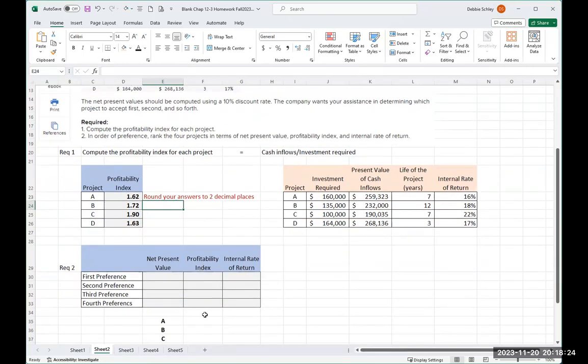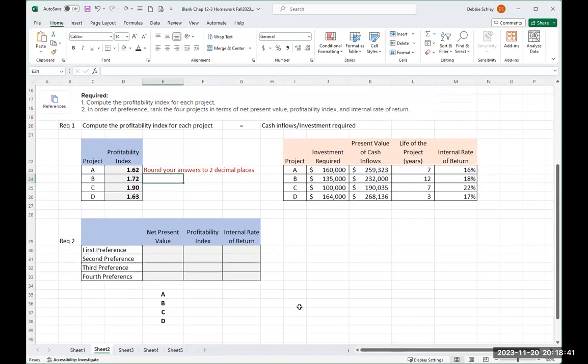Now, required 2 gets very interesting. So net present value. It took me a while to figure this out, but I finally did it. The definition of net present value is the total sum of the present value of the inflows and the present value of the outflows, right?